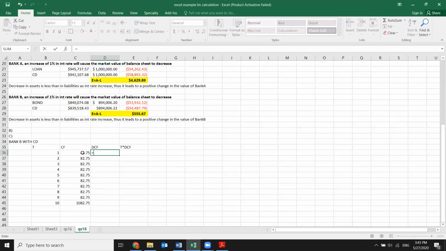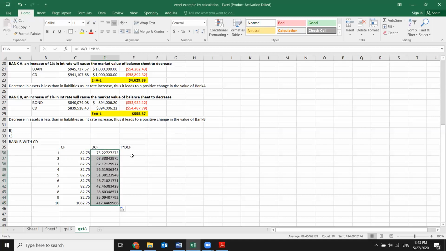We assume it doesn't change. So this divided by 1.10 to the power of 1, and we just drag it down. And if you get the time multiplied by the discounted cash flow, this is what we get.